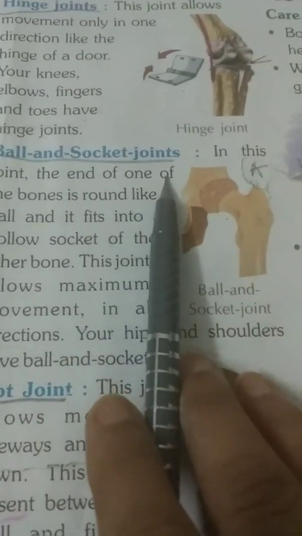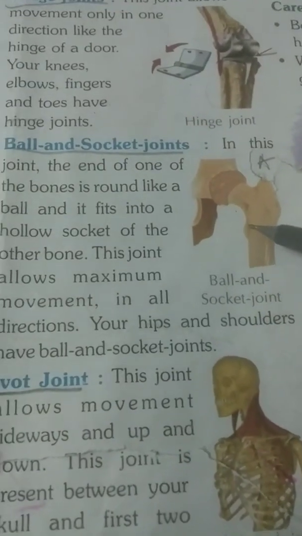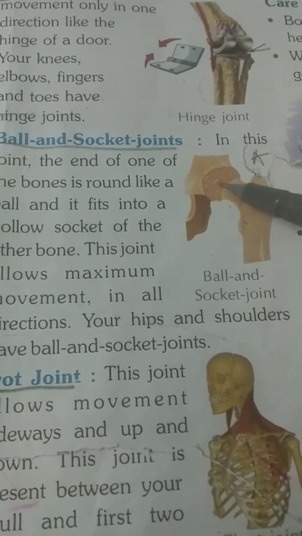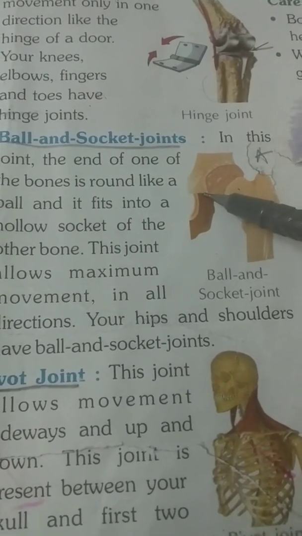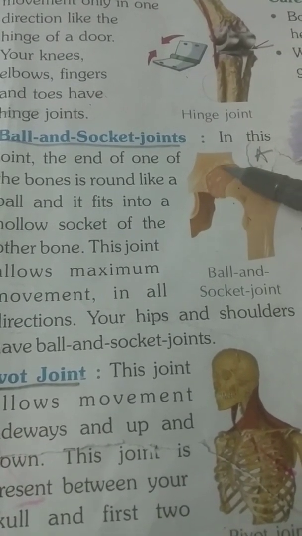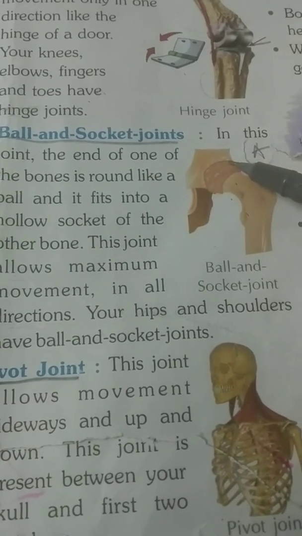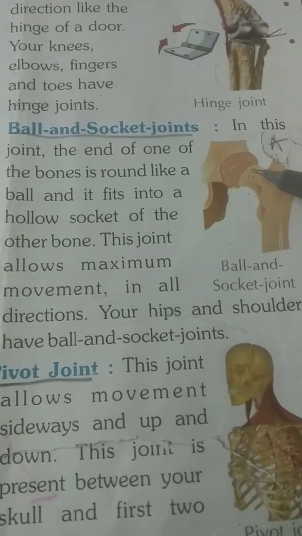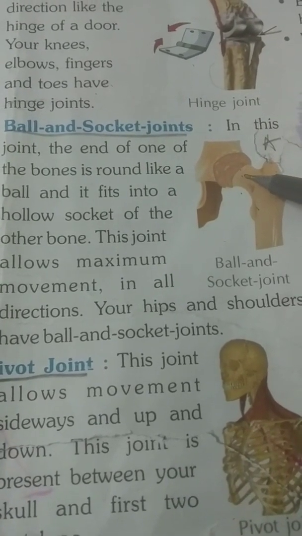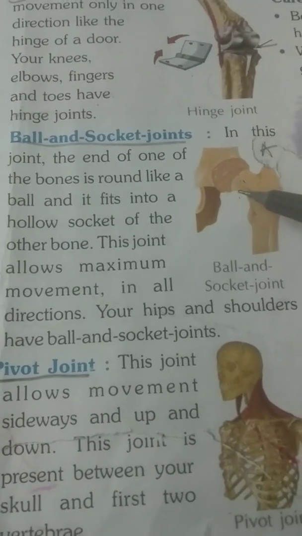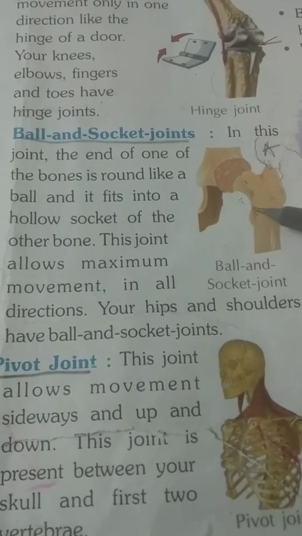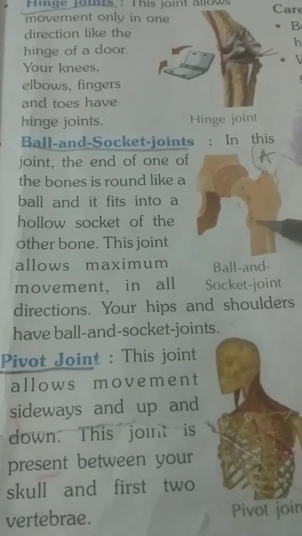Ball and socket joint. In this diagram, one end of the bone is round like a ball and fitted into a hollow socket of the other bone. This joint allows movement in all directions. The hips and shoulders of humans have ball and socket joints.